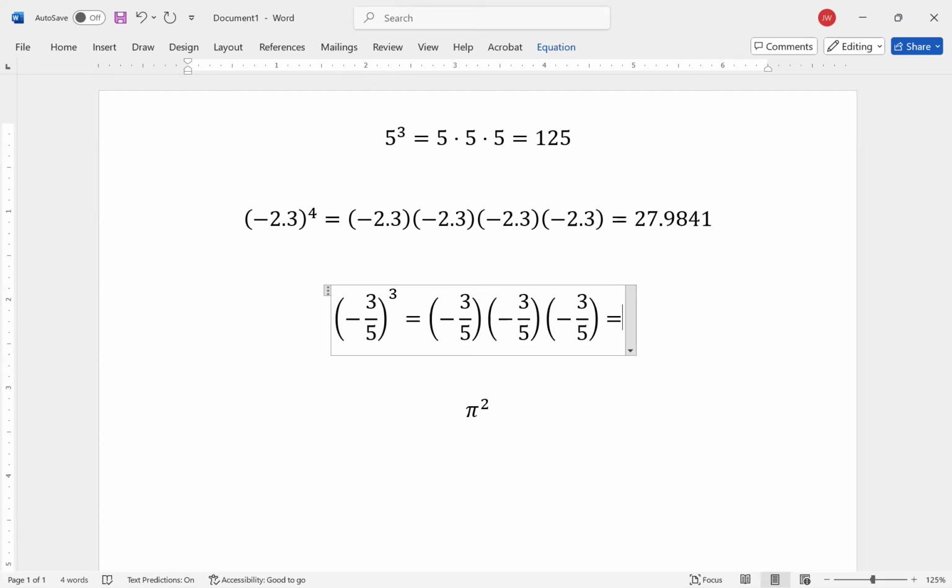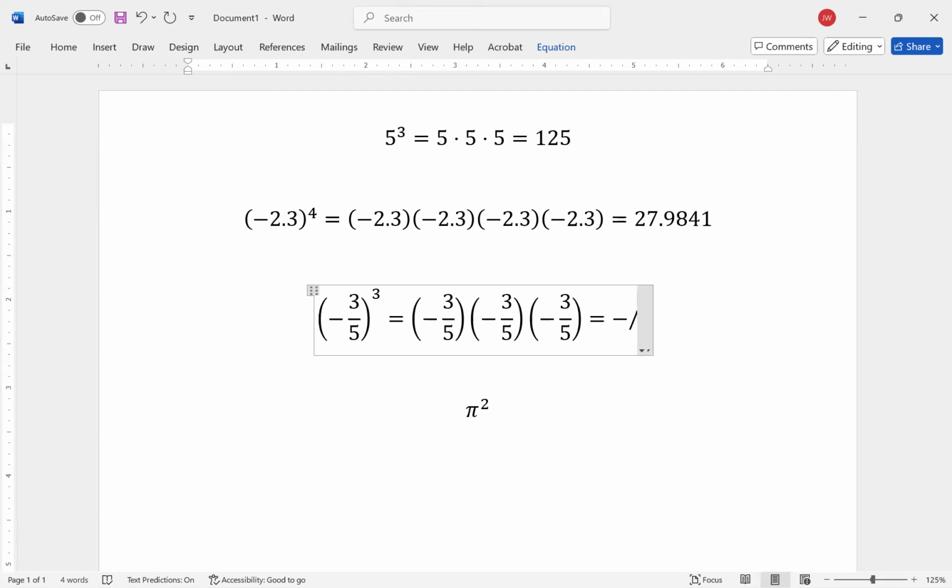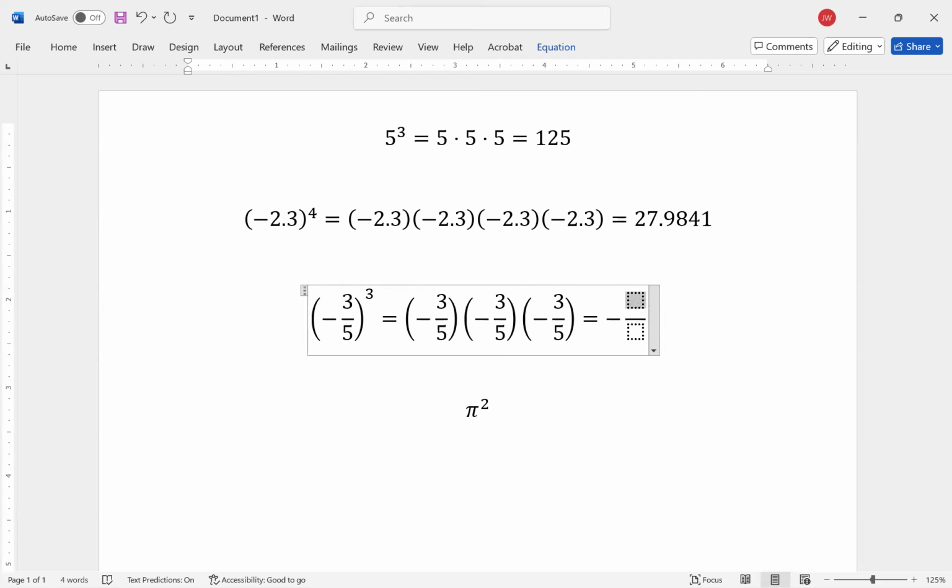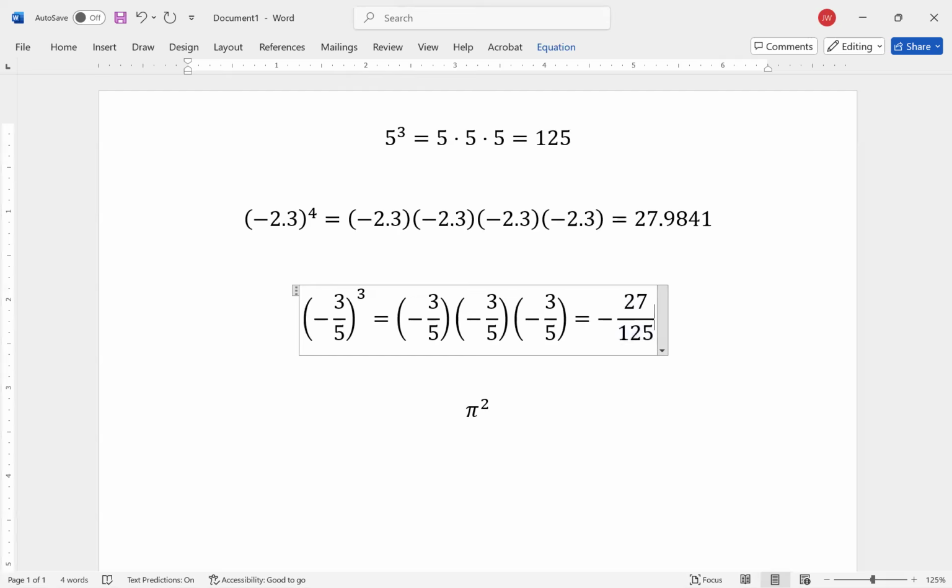Negative times negative times negative would give me a negative. And then the fraction I end up with is going to have 3 times 3 times 3 in the numerator, which is 27, and 5 times 5 times 5 in the denominator, which is 125. So you get that, or the decimal version of that.